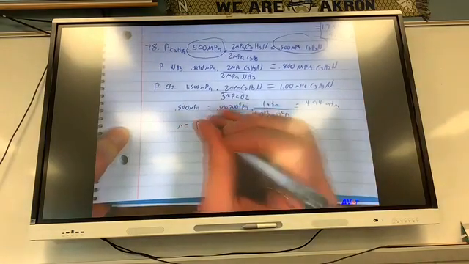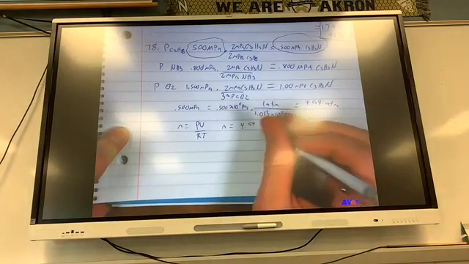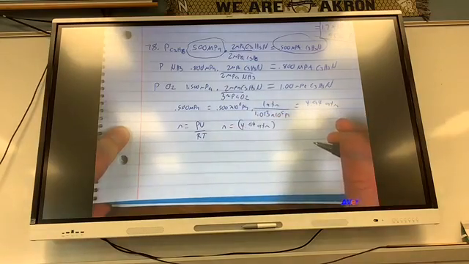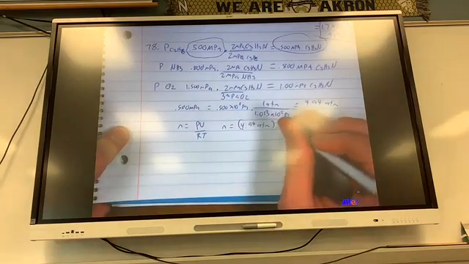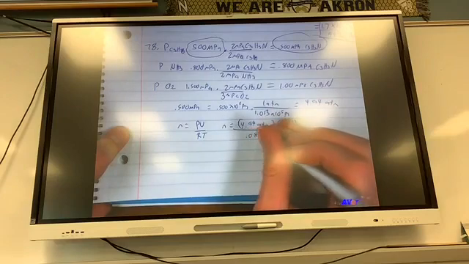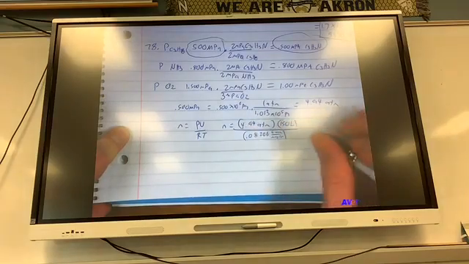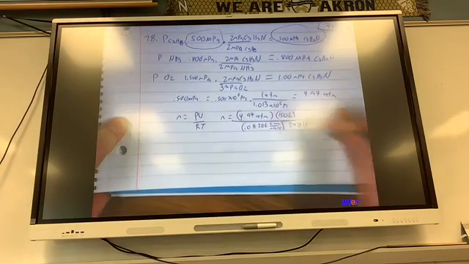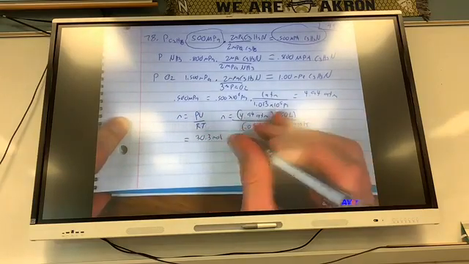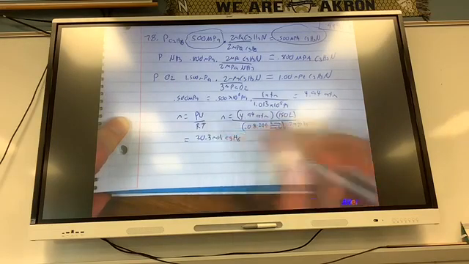N equals PV over RT. So N equals 4.94 ATM times, what's my volume? 150 liters over 0.08206 liters times atmospheres over moles times Kelvin times 298 Kelvin. So that gave me, for a total, 30.3 moles of C3H6.